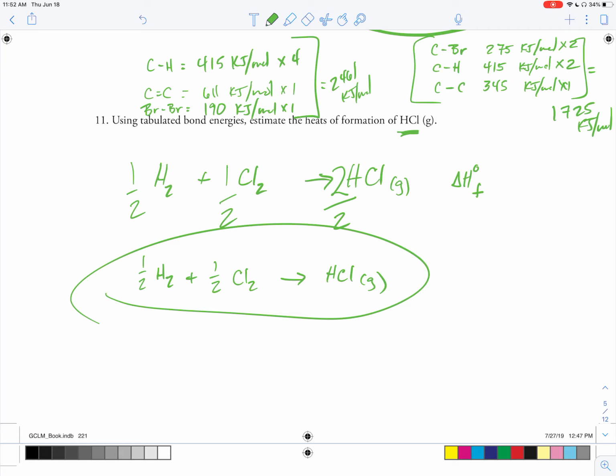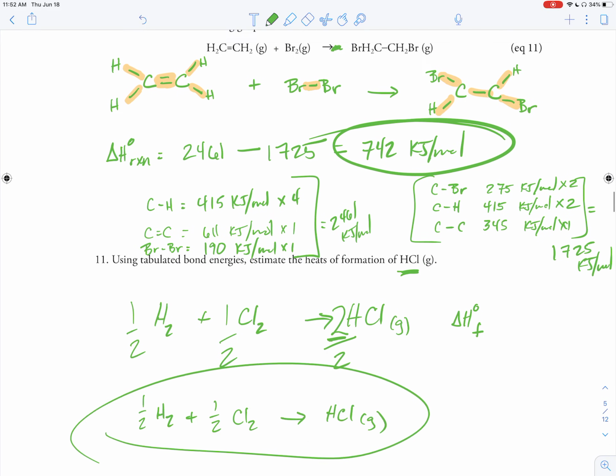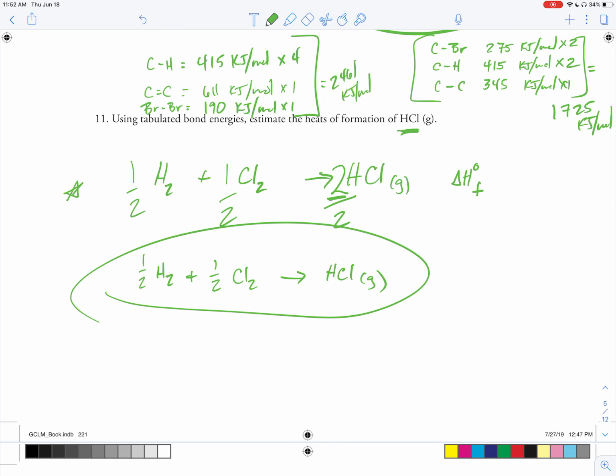Given this, what you would do is use bond energies to tabulate that. Now, since there's a 2 up here, you could still use this same equation, and it wouldn't really matter if you wanted to use it written this way originally without dividing by 2.